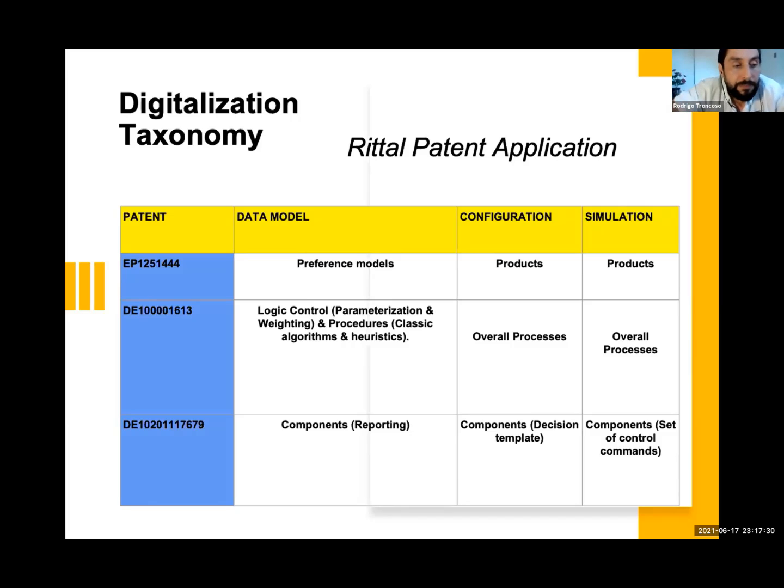In second place, we have the patent EP125144, which is related with the preference model. It means that this technology enables the firm to manage the data for the equipment production in massive ways or with very specific detail.